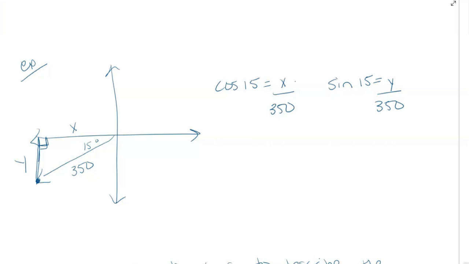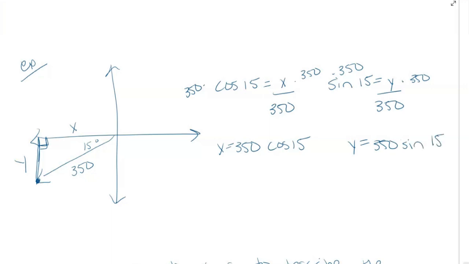And I'm going to do the same thing. I'm going to multiply both sides by 350, just like I did in the last problem with 100. So you get x equals 350 cosine 15, y equals 350 sine of 15.